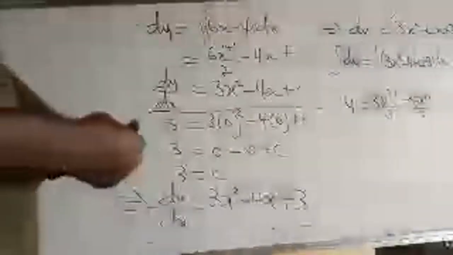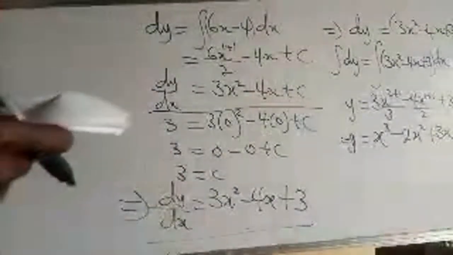You have y is equal to 3x raised to 2 plus 1 all over 3, minus 4x raised to 1 plus 1 all over 2, plus 3x plus d. You can't use c again. Anytime you are integrating an indefinite integral, you must always add a constant. So you must add another constant here now, because you are integrating a new function. So y is equal to, we cancel 3 here, x raised to power 3 minus 2x raised to power 2 plus 3x plus d.